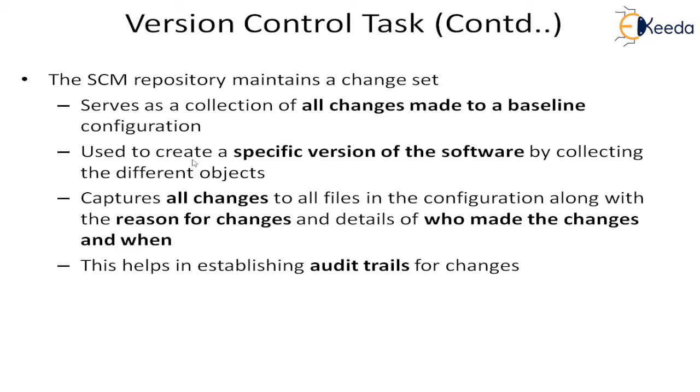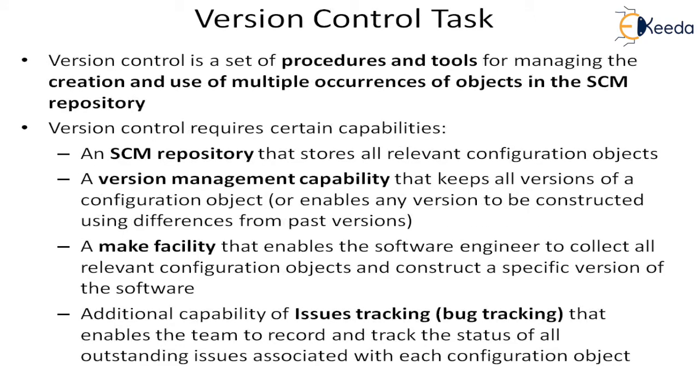It is used to create a specific version of the software by collecting the different objects, because the developers have taken different objects to create the change. When they bring them back, the repository also has to have this kind of capability. Otherwise, it will not match.